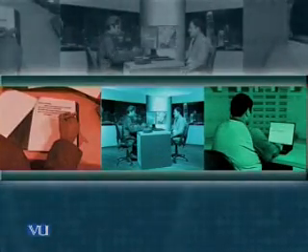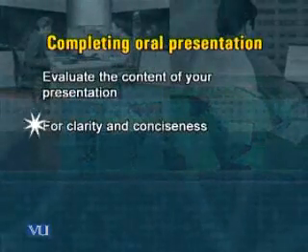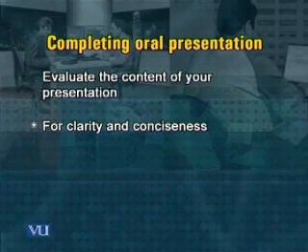So you must edit your presentation for clarity and for conciseness. Obviously in a presentation we do repeat something. In any oral communication, for the purpose of emphasis, we do repeat some things.